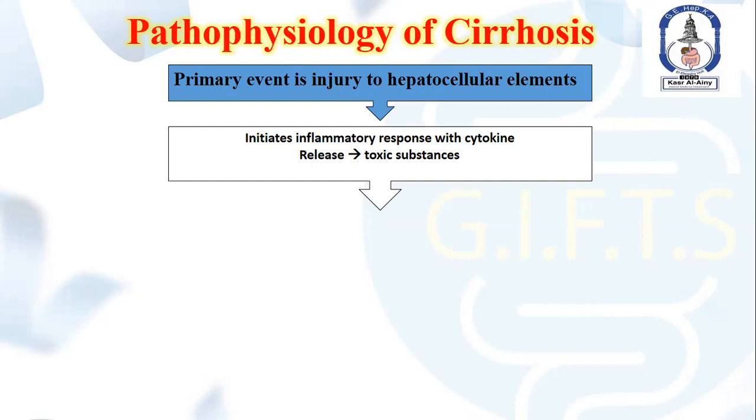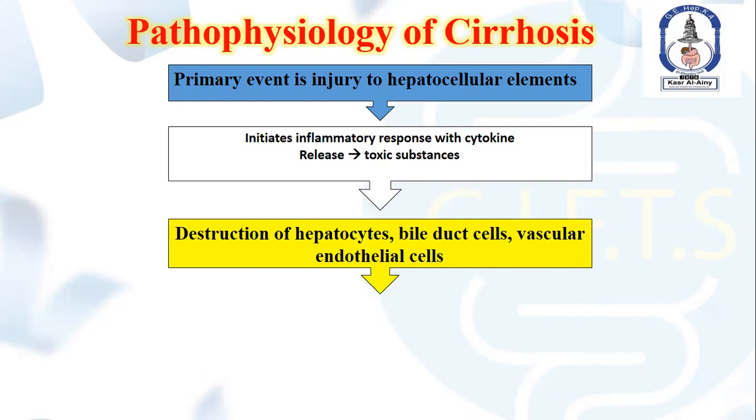Unfortunately, the cytokines release toxic substances that destroy the attacking agent as well as the normal hepatic tissue. This results in tissue damage and destruction of hepatocytes, bile ducts, vascular endothelial cells, and more importantly, the loss of the relationship between these structures all together.